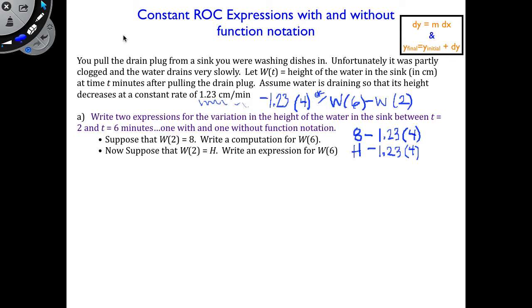My starting point plus how much change there is. And I can measure the change either by subtraction, final minus initial. But if I knew the final, I wouldn't need to be calculating the final. Or I can measure that amount of change by doing m dx, where dx is x final minus x initial, the amount of time that's gone by in this area.